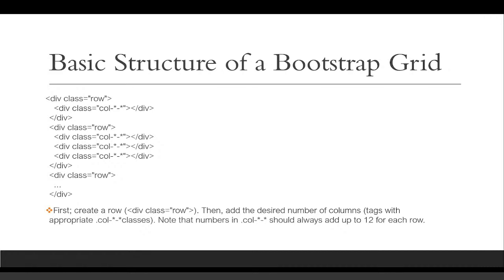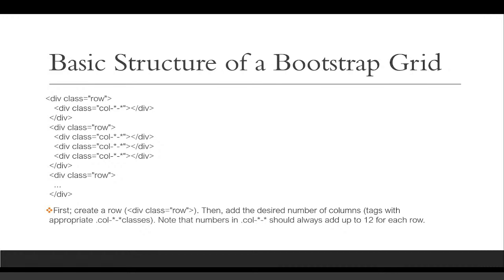Then inside of that row, we can create our columns just by adding the column class to whatever element. So the first thing we want to do is create a row, and then we add our desired number of columns with the column classes, and we should always add up to 12 with whatever those column numbers are.